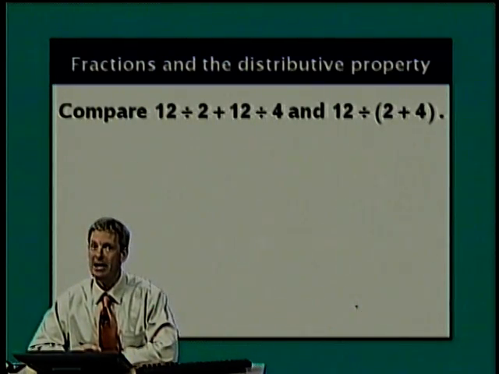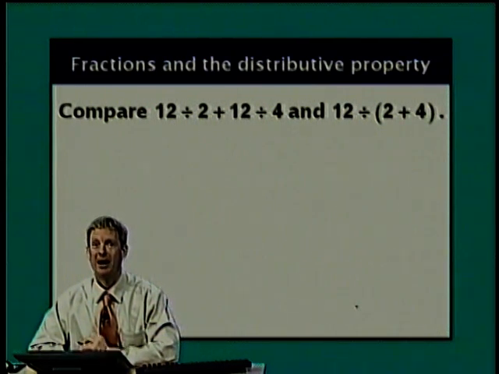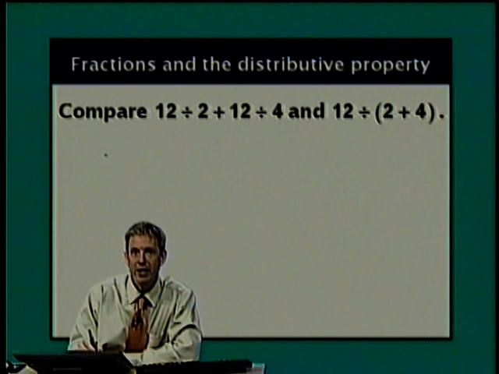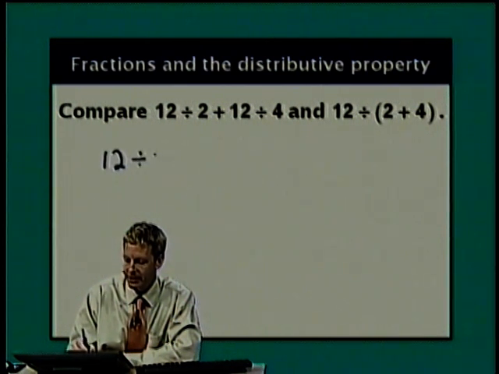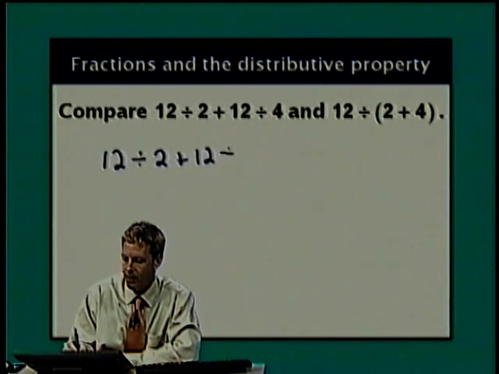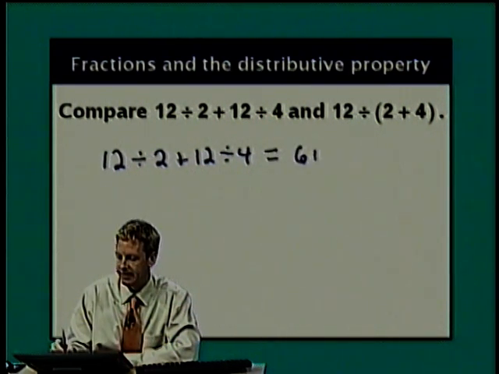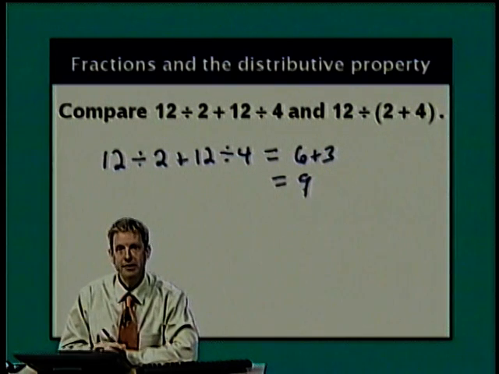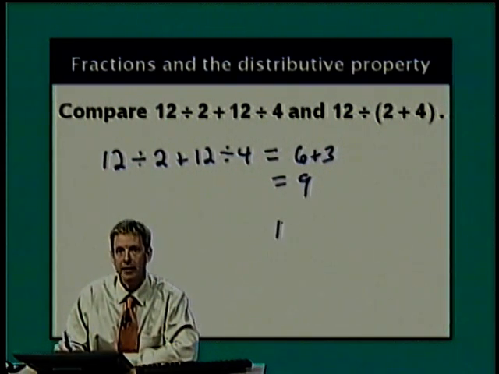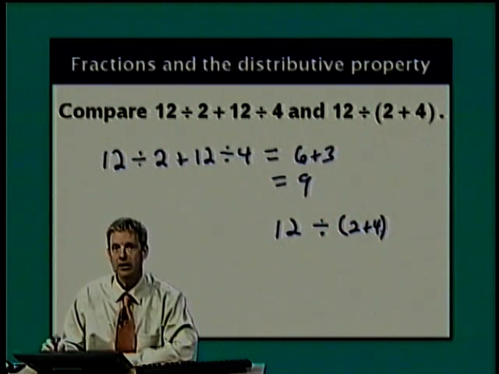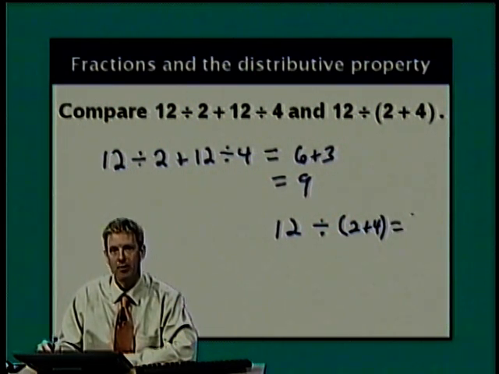But we have to be careful when we try applying the distributive property when division is involved. If we take 12 divided by 2 and add 12 divided by 4, because of order of operations, this is 6 plus 3, which is 9. On the other hand, if we take 12 divided by (2 plus 4), I need to do the sum first because it's in parentheses.